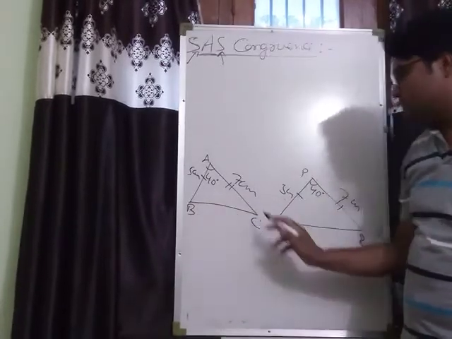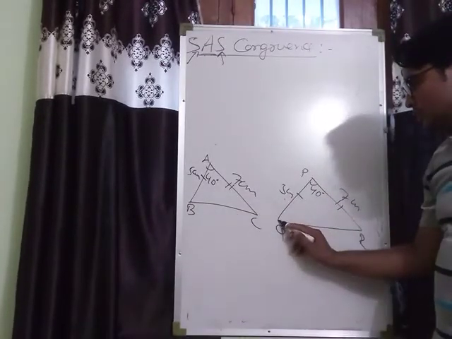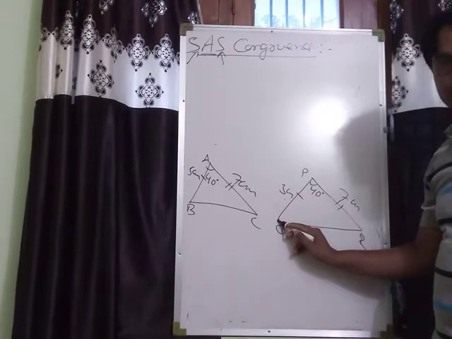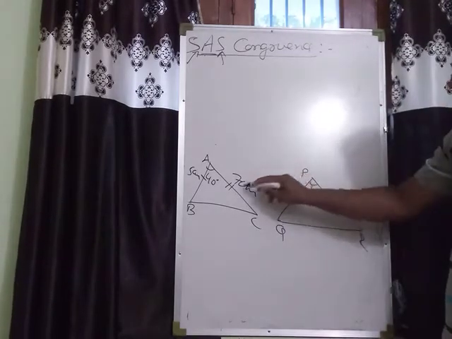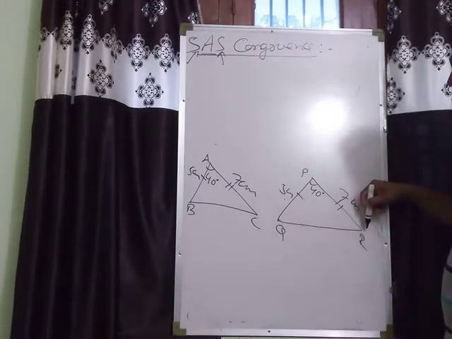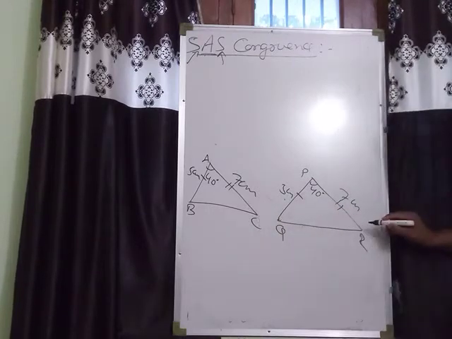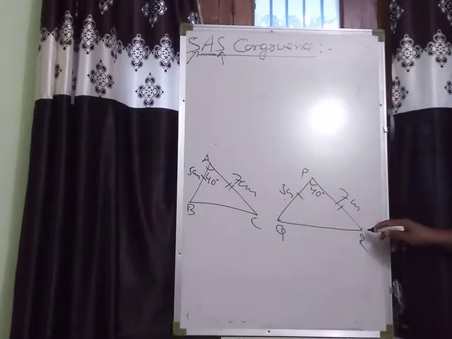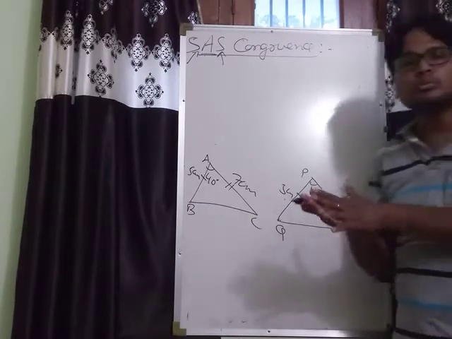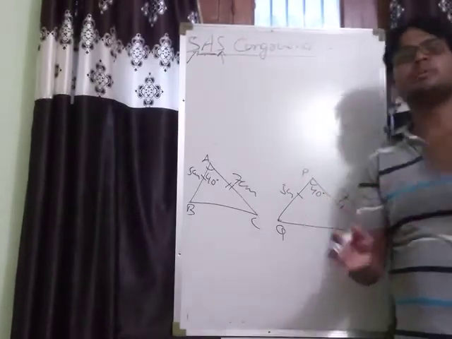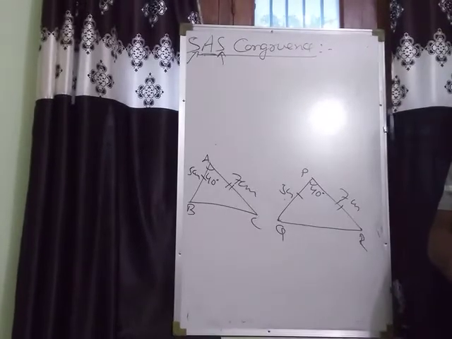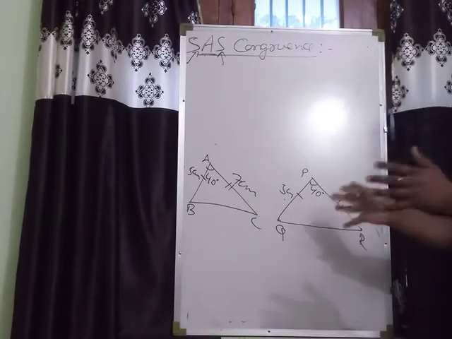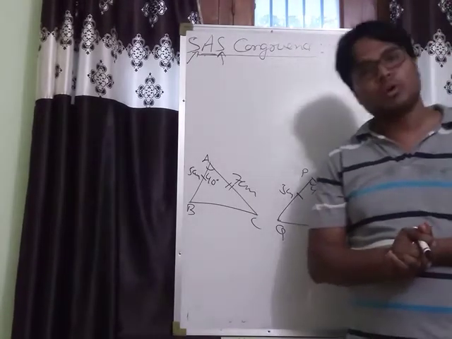That's why B will coincide with Q. And because AC is 7 centimeter and PR is also 7 centimeter, clearly C will coincide with R. Clearly BC will coincide with QR. So these two figures will completely cover each other. That's why these two triangles will be congruent.